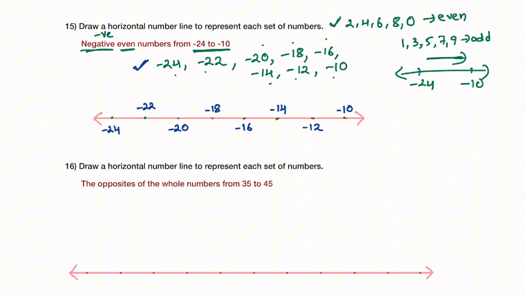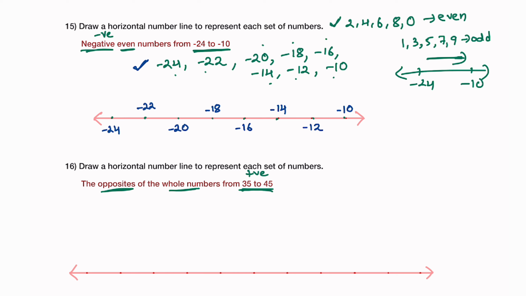Okay, then the next one is the opposites of the whole numbers. Whole numbers are not fractions and decimals, right? The opposites of the whole numbers from 35 to 45. We have to have the opposite. And these are what numbers? These are positive numbers. So our numbers are going to be negative numbers, right?